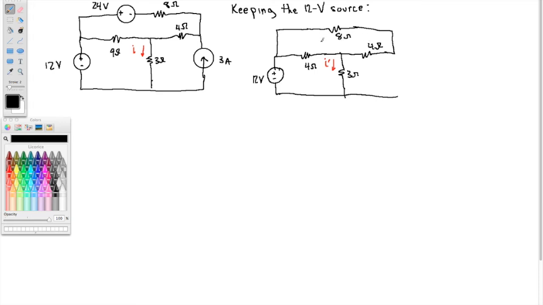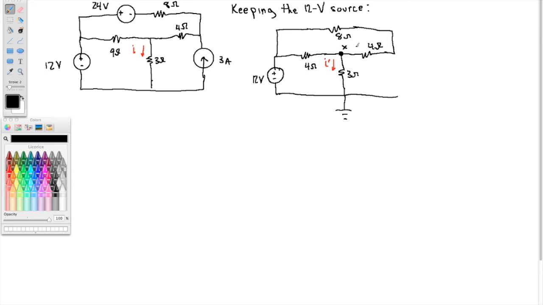So now we need to figure out how much current from that 12 ohms goes through the 4 ohm. Okay, so now to find I prime, let's use KCL right at this node.